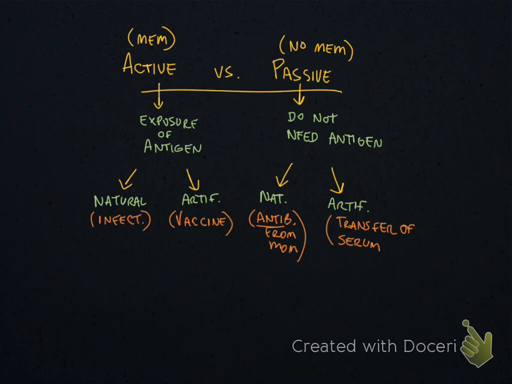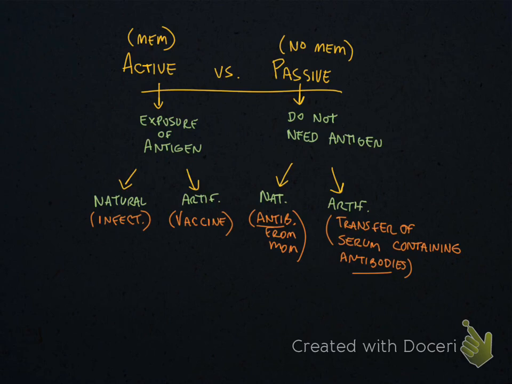Transfer of serum containing antibodies. Again, these antibodies were not made by you, and it is not a natural process. These antibodies will have to be transferred to you by an injection, like a blood transfusion. So that's an example of artificial passive immunity. There again, you would not be able to acquire memory because you were not initially exposed to the antigen.